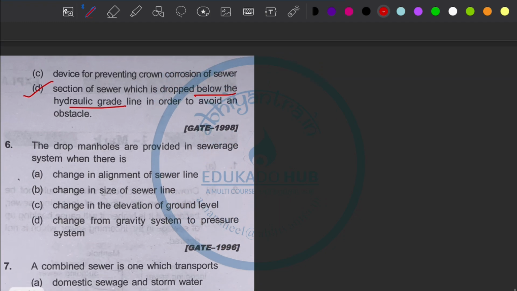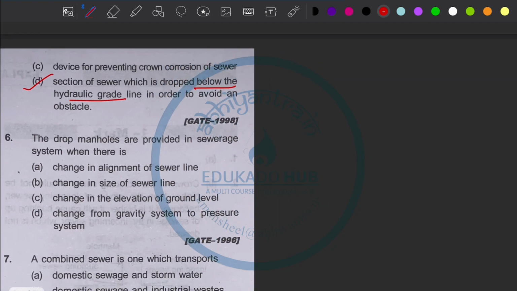Let's move to the sixth question. Drop manholes are provided in a sewerage system when there is... see, what are manholes? A drop manhole is one in which a vertical pipe is provided between the branch sewer and the main sewer.